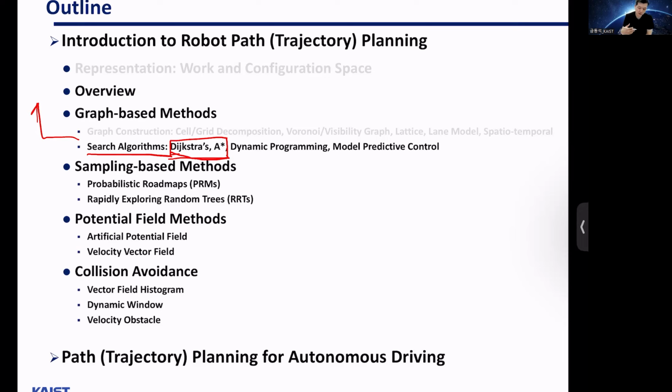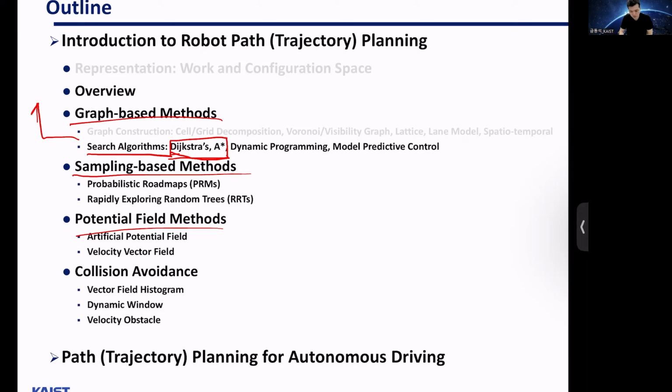So a search algorithm is a search algorithm, but when we talk about graph and sampling-based methods, they are grouped by how to create the roadmap, or what type of representation it uses, and how we generated the configuration space.